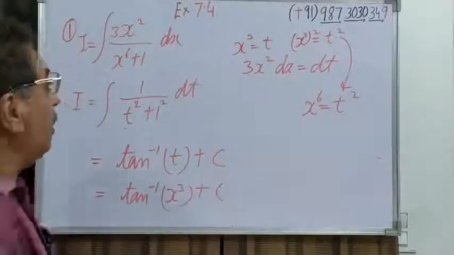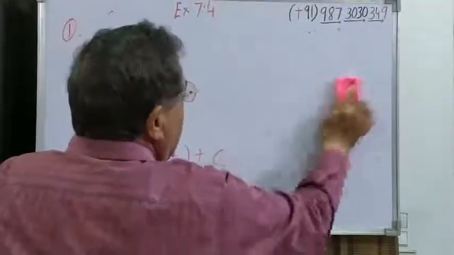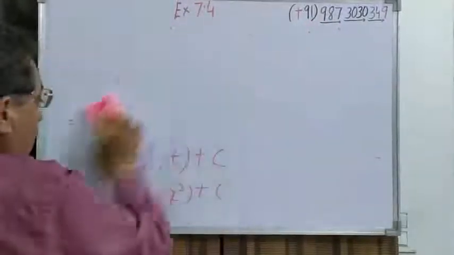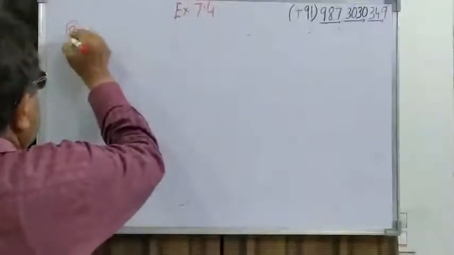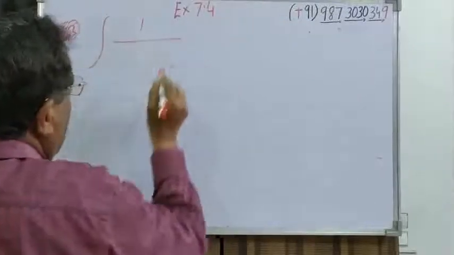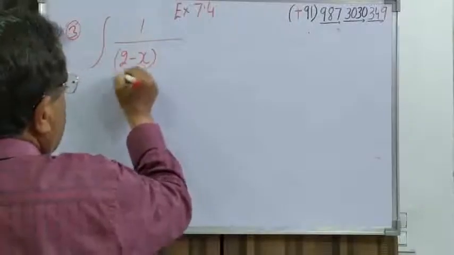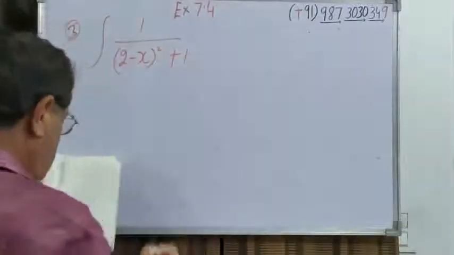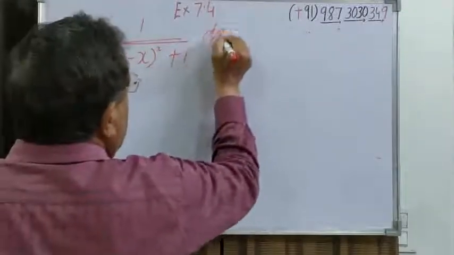The next important question is question number 3 of exercise 7.4. The question says, integrate 1 upon the square root of (2 minus x) whole square plus 1, dx.